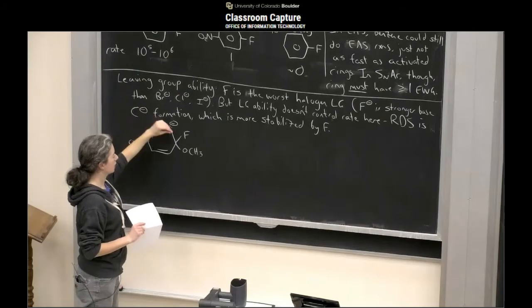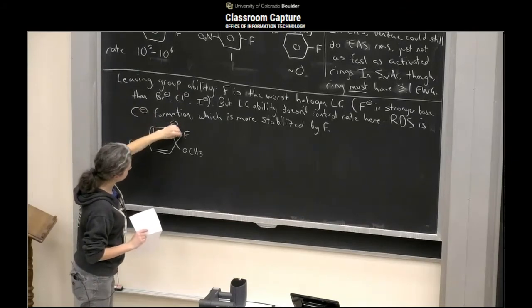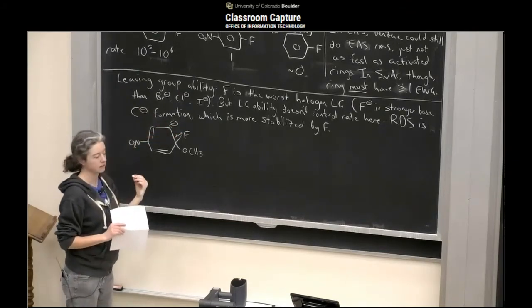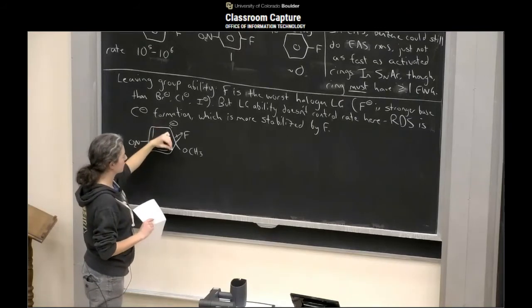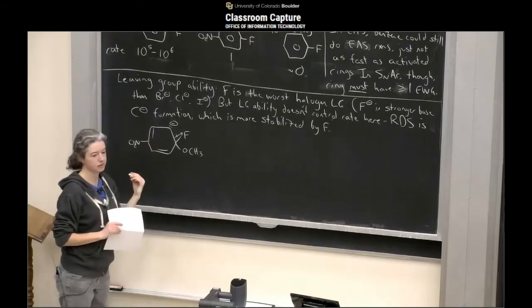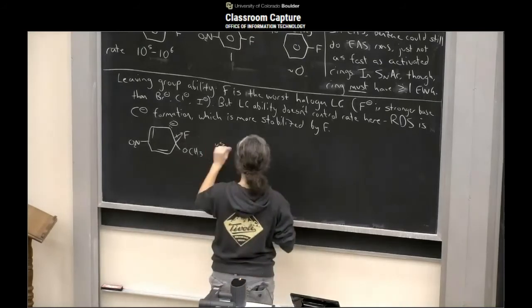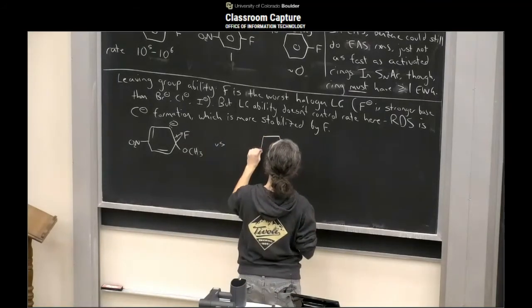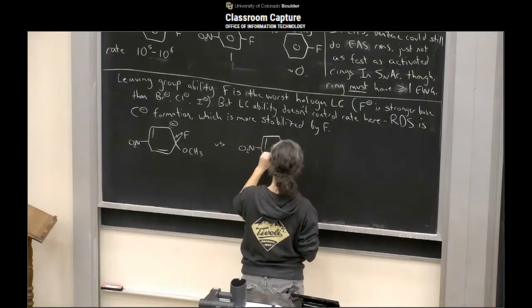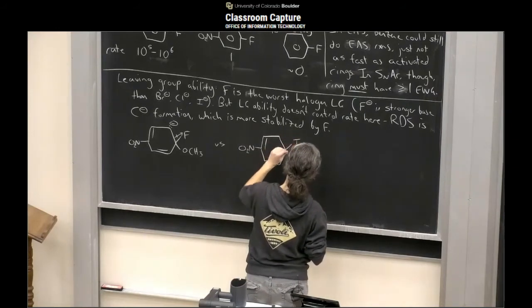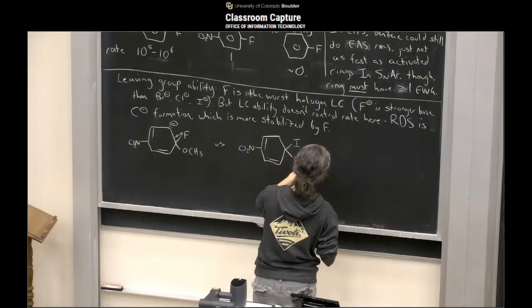The fluorine is going to pull charge out of the ring towards itself because it's fairly electronegative. And that's going to end up stabilizing the negative charge just a little bit more than if we have, say, an iodine as the opposite extreme.